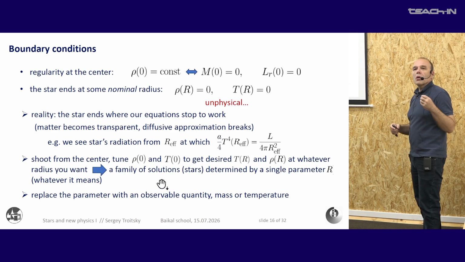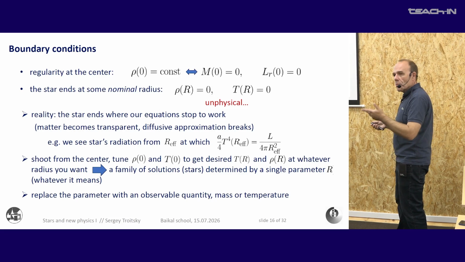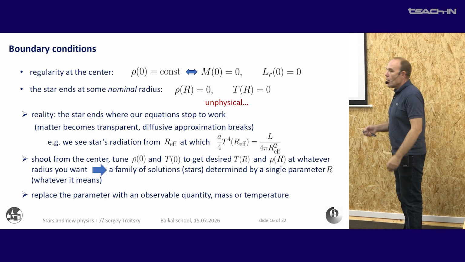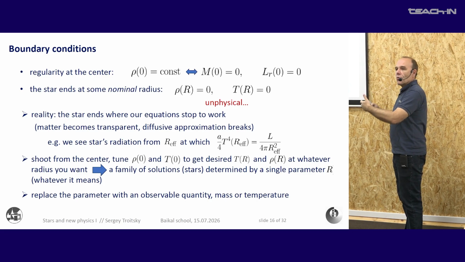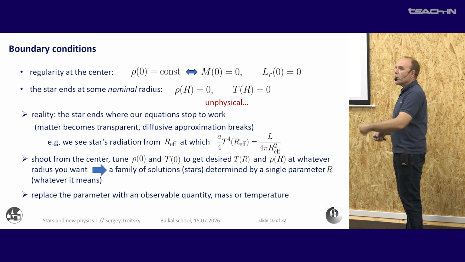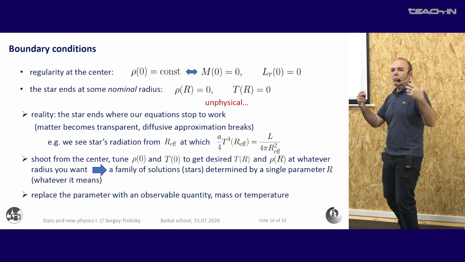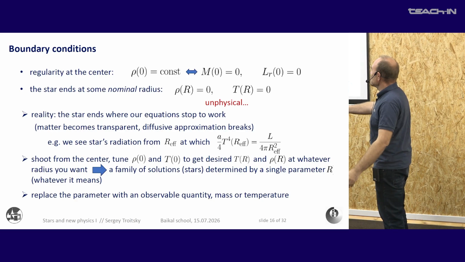So how can we deal with this minor problem? We solve this system as a boundary value problem by shooting from the center, by the shooting method. Again, some warm-up, numerical methods from second year, shooting.